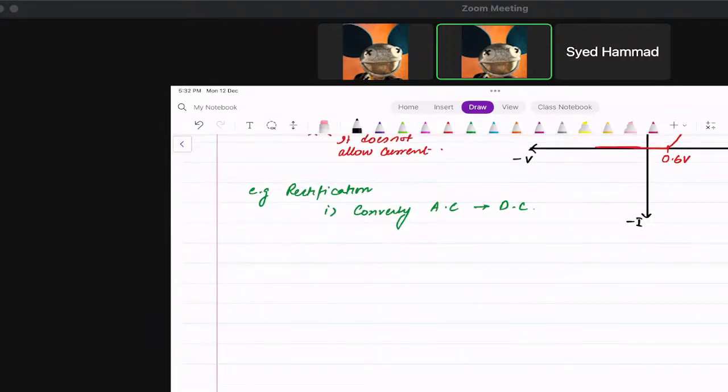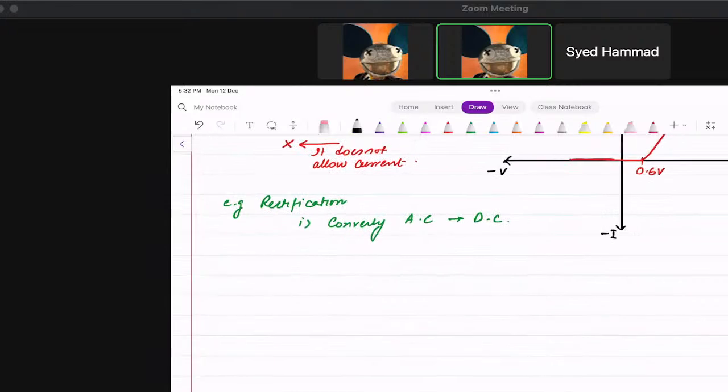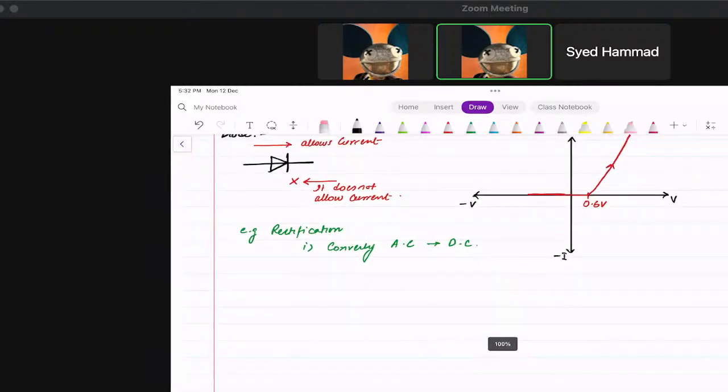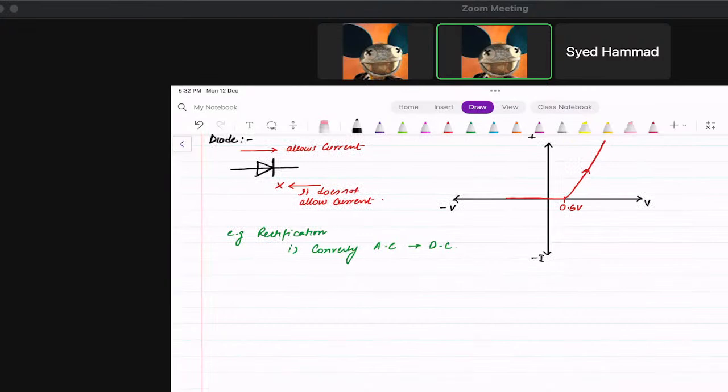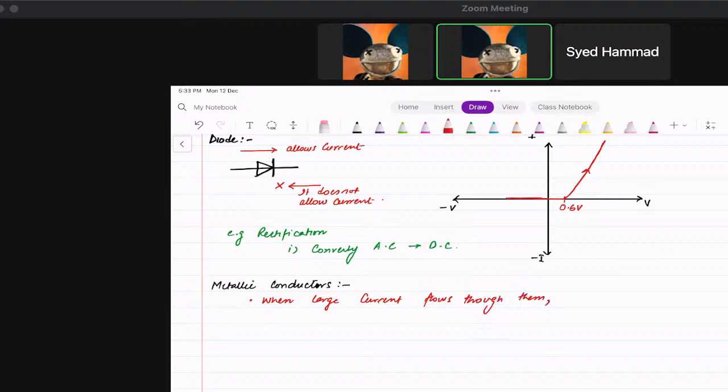Now, speaking of this, the next thing we're going to do is the metallic conductors, like wires, etc. You need to remember about metallic conductors that when a large current flows through them, it causes heating.